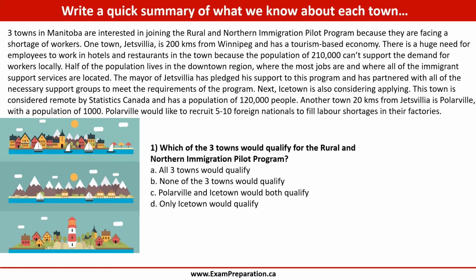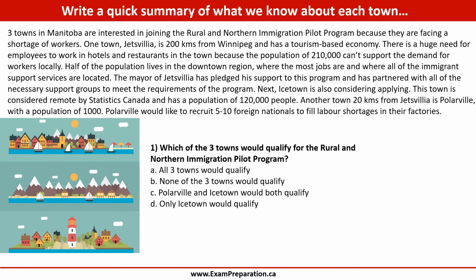Okay, so we have 3 towns in Manitoba interested in joining the Rural and Northern Immigration Pilot Program because they are facing a shortage of workers. One town, Jets Vilia, is 200 kilometers from Winnipeg and has a tourism-based economy. There is a huge need for employees to work in hotels and restaurants in the town because the population of 210,000 can't support the demand for workers locally.